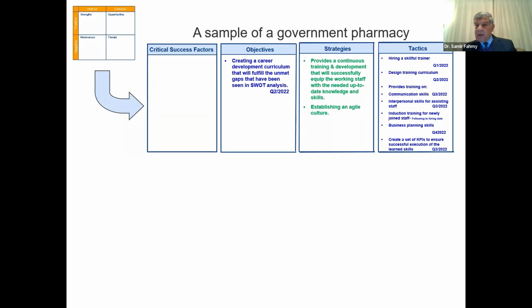Then the skillful trainer will be on a mission to design the training curriculum. This will be finished one quarter later, Q2 2022, and then provide the training on communication skills and interpersonal skills for assisting staff, and induction training for newly joined staff.